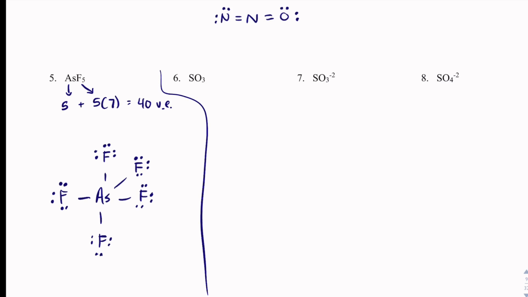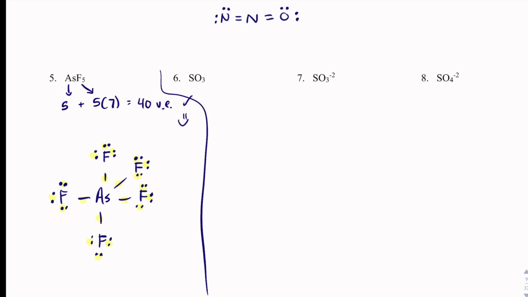If we didn't, we can make adjustments by adding multiple bonds. 2, 4, 6, 8, 10, 12, 14, 16, 18, 20, 22, 24, 26, 28, 30, 32, 34, 36, 38, 40. We got 40. This is a good Lewis structure.